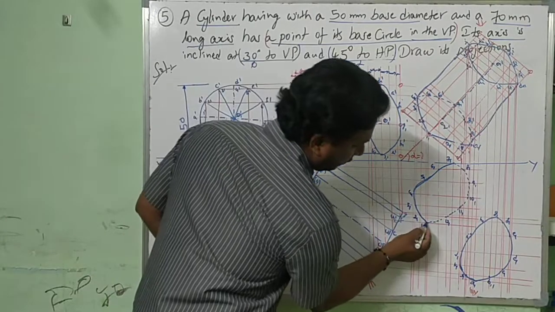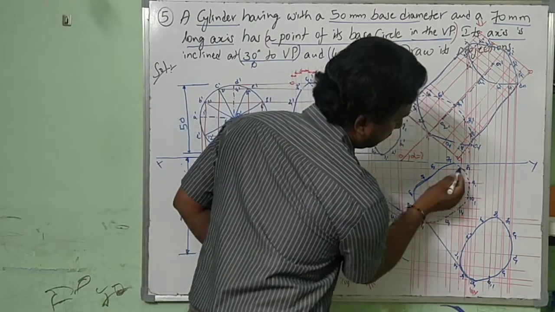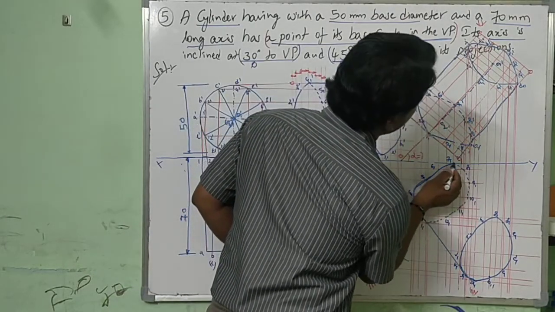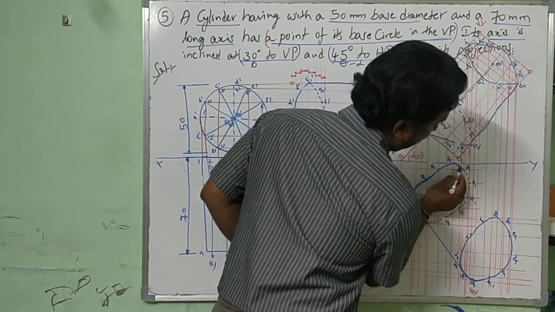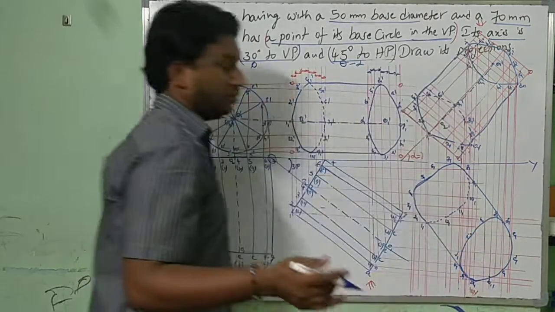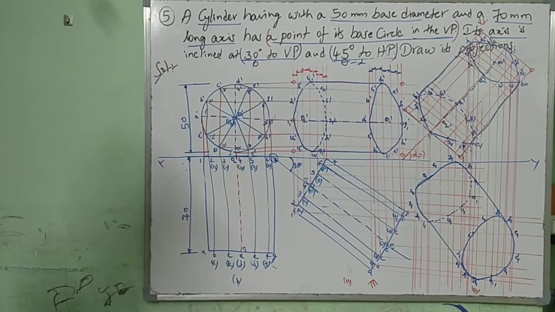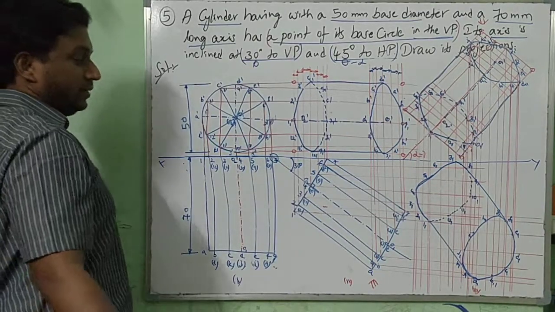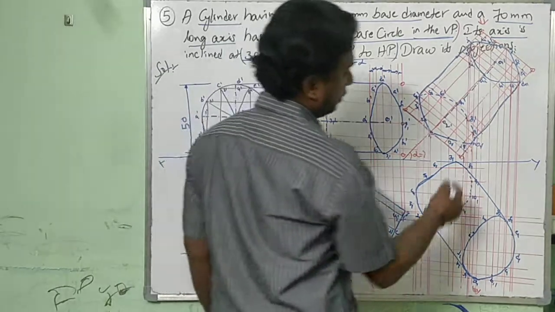Boundaries from 1 1 to A1, from 7 to F1. Boys, I did very badly, but please go by yourself and you can draw.